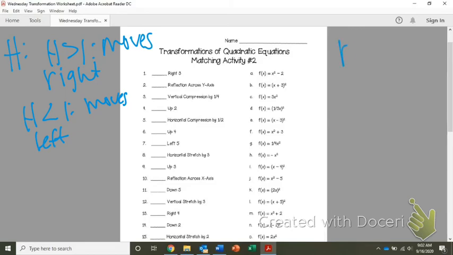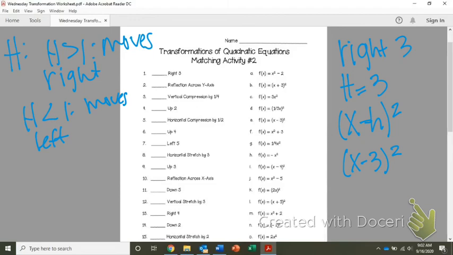Here's an example. If it says it is moving to the right 3, well, H has to be a +3. My function is x minus h squared: x minus 3 squared.